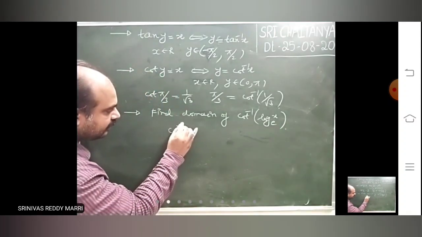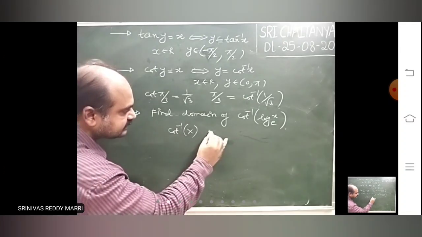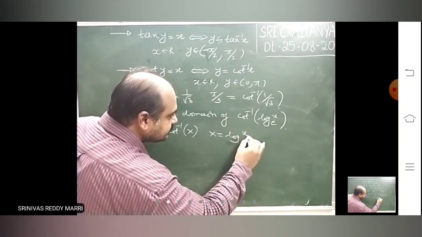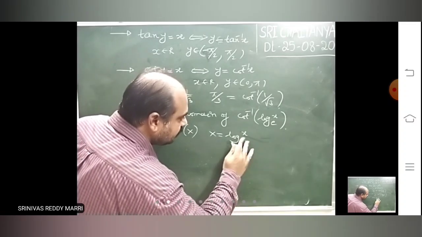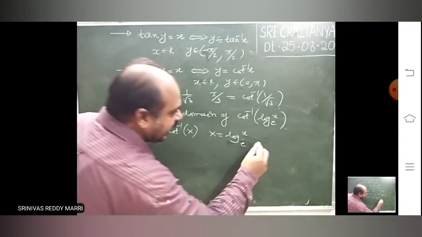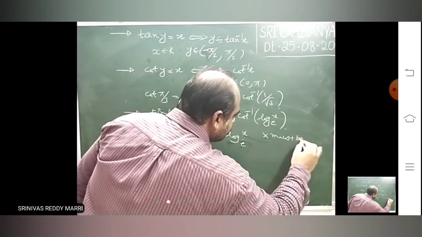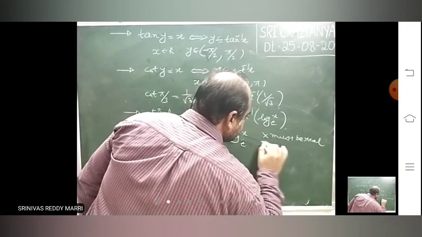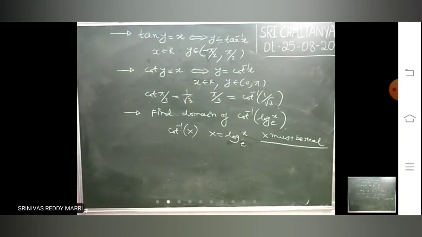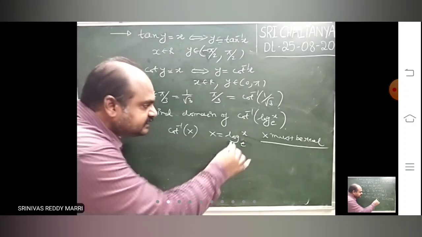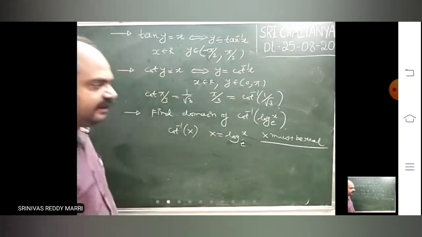That means we will take capital X equal to log x to the base e. Capital X must be real. That means you have to get a real value, so this logarithm must be defined.